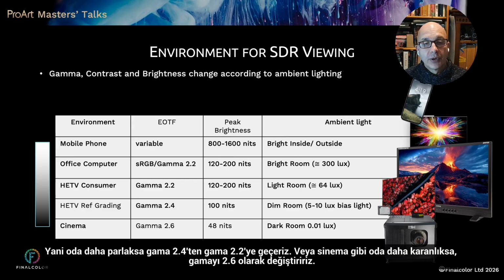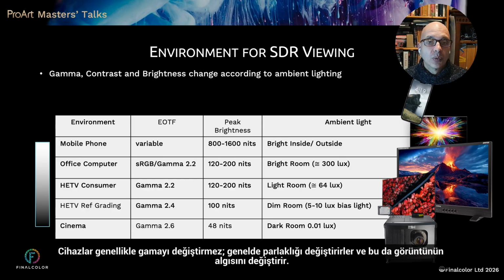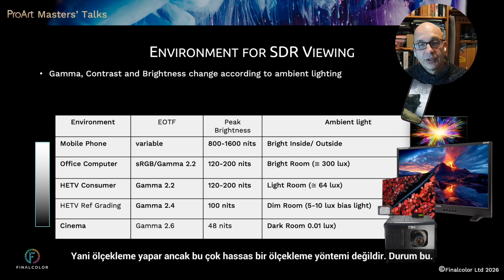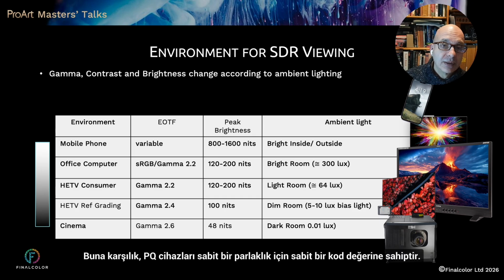So we change from gamma 2.4 to gamma 2.2 if the room is brighter. Or if the room is darker, as in a cinema situation, we change the gamma to 2.6. And so devices generally don't change the gamma. They generally change the brightness, and that changes the perception of the image. So it does scale, but it's not a very accurate way of scaling. That's just how it is.